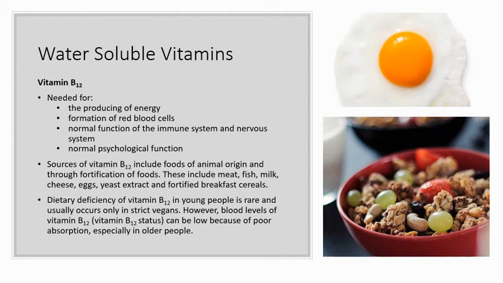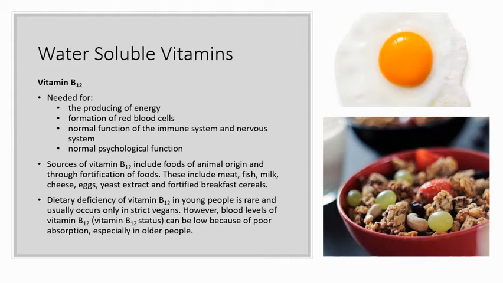So really, if you're just eating foods that aren't fortified, you can really only get B12 from meat, fish, milk, eggs, cheese. Yeast extract does have some B12, and then a lot of fortified foods like cereals will have B12.